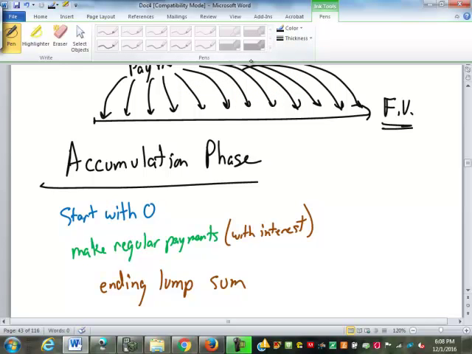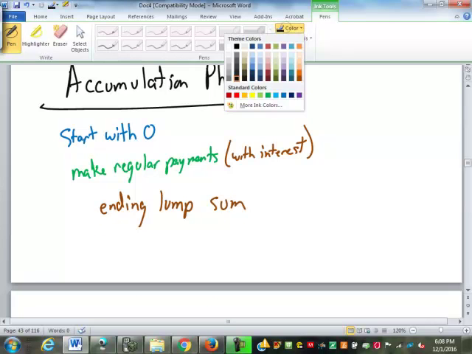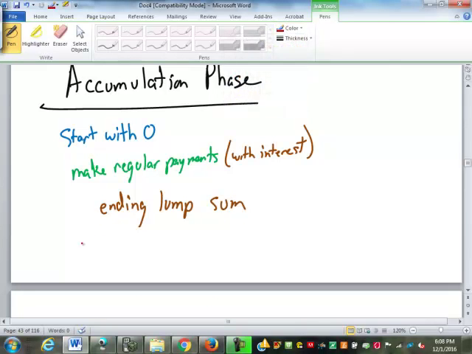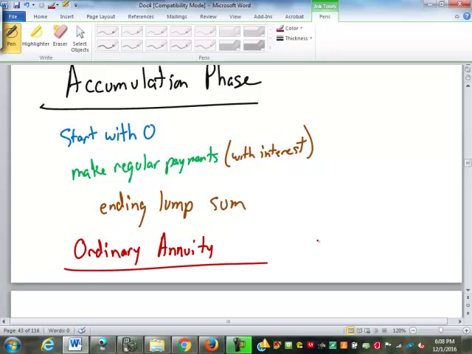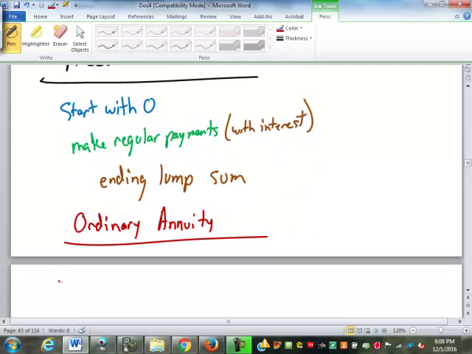There are 2 types of annuity during the accumulation phase. There's an ordinary annuity. In an ordinary annuity, you pay in at the end of the period.